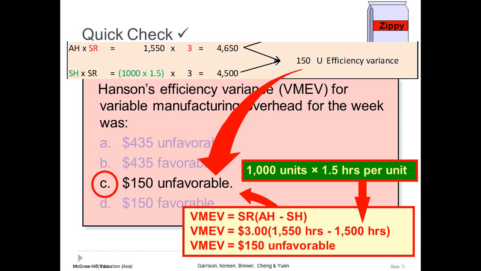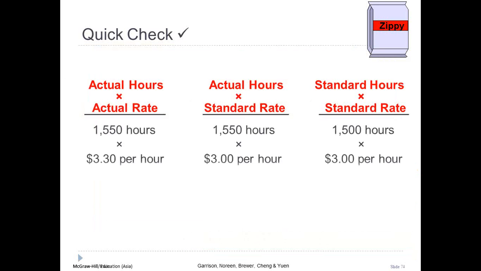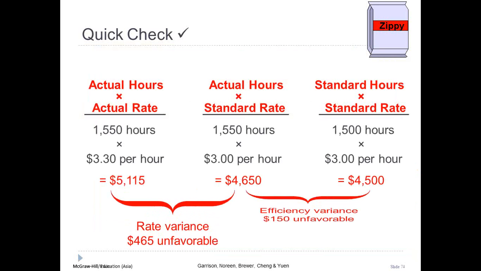The $150 unfavorable variable manufacturing overhead efficiency variance results because Hansen's employees worked 50 hours more than standard to make 1,000 zippies at a standard variable manufacturing overhead rate of $3 per hour. Just as we did with labor and material variances, we can summarize the variable manufacturing overhead variance computations in a convenient 3-column format.